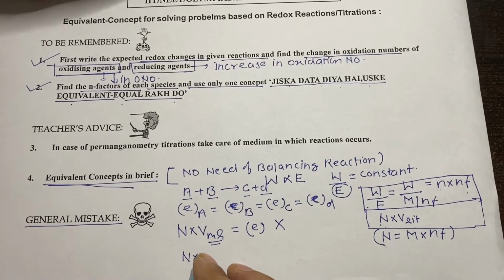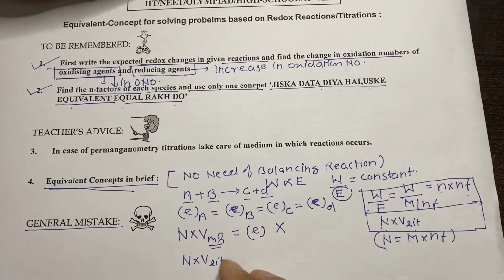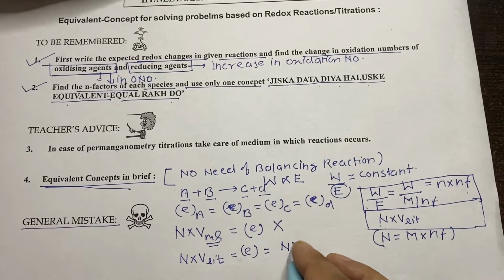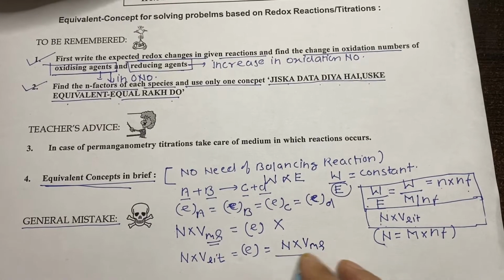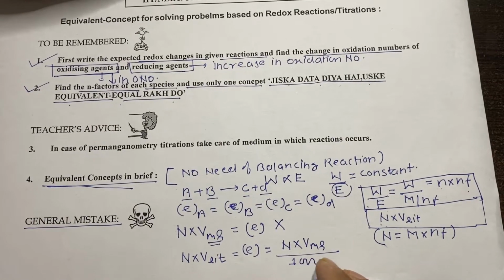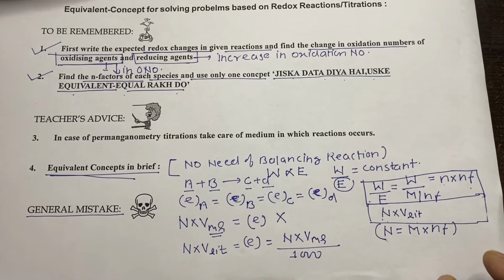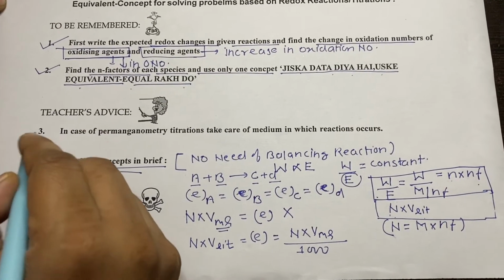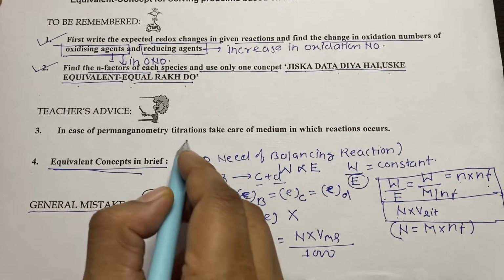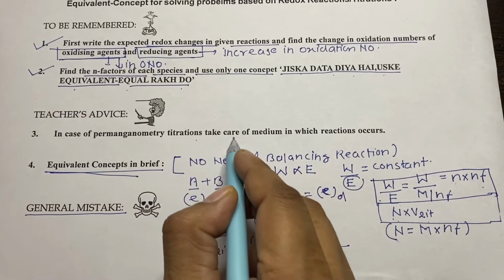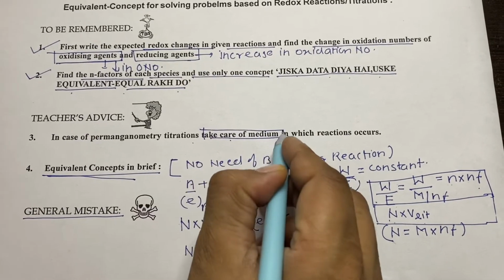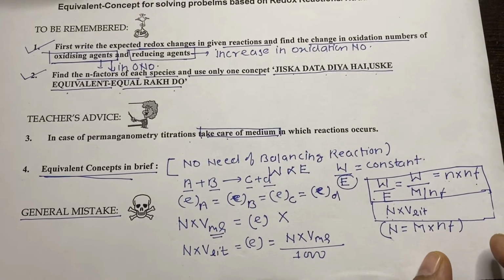So N into V in liters is equivalent, and this will be equal to N into V in ml divided by 1000. So these are some of the important points to be remembered. And one thing more, in case of permanganate titration, we should take care about the medium in which the reaction is taking place.